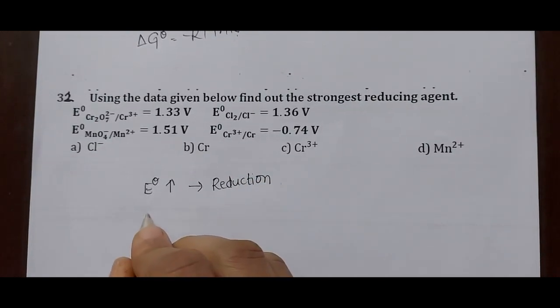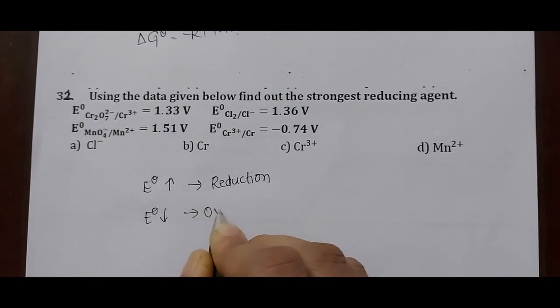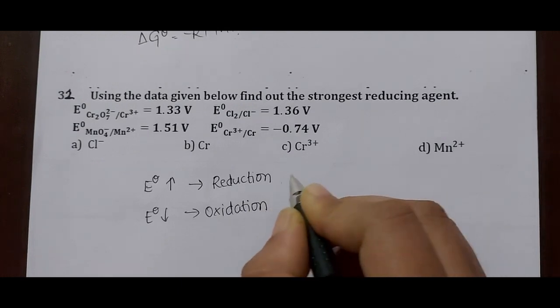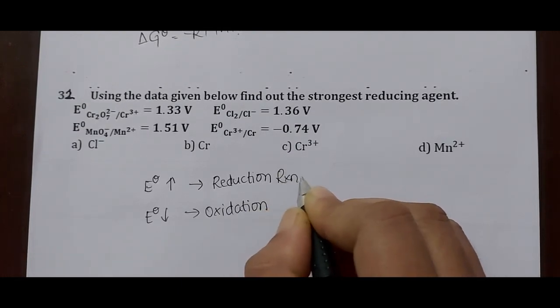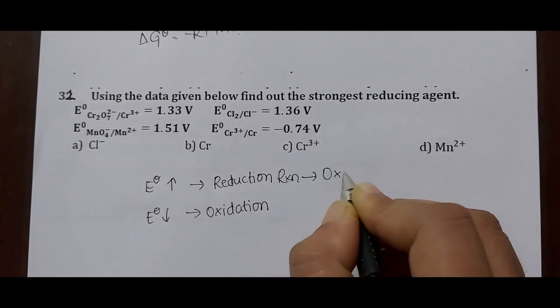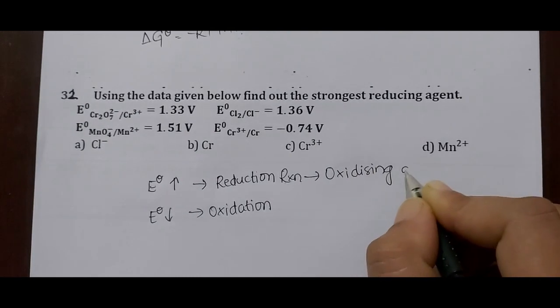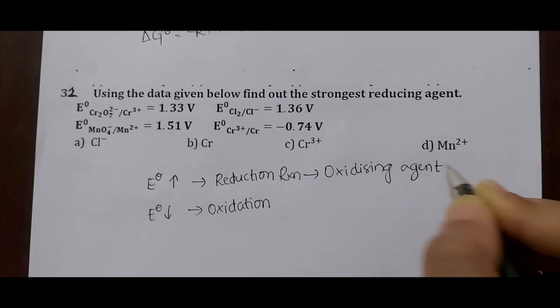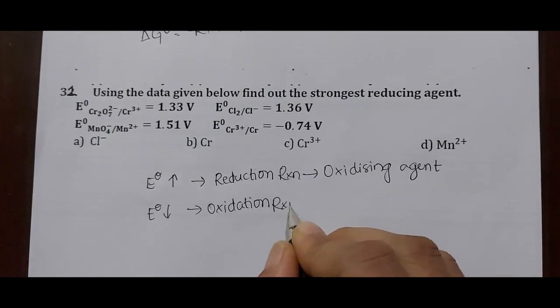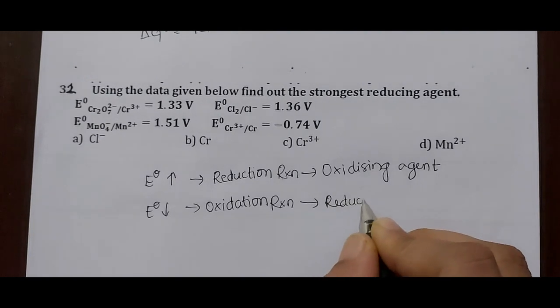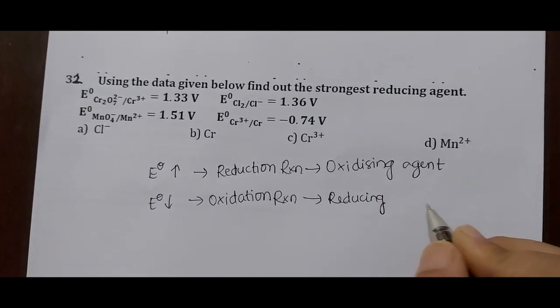If it is a lower E naught value, it will easily undergo oxidation reaction. The one which easily undergoes reduction reaction is called an oxidizing agent, and the one which easily undergoes oxidation reaction is called a reducing agent.